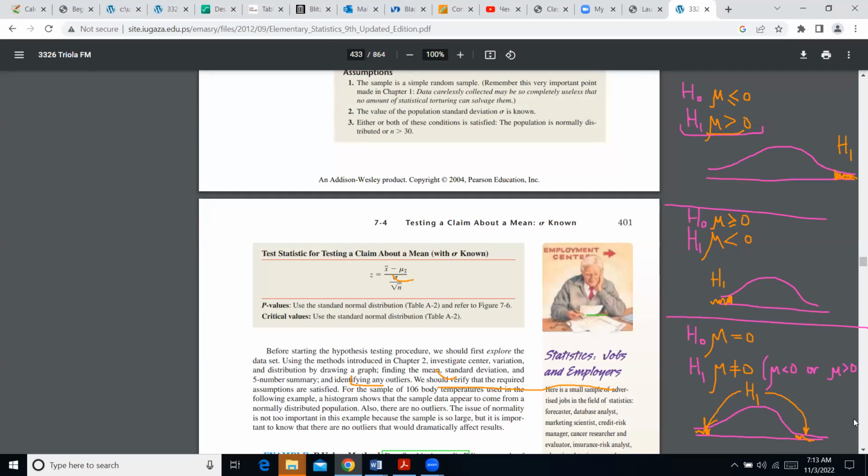And in section 7.4, I guess we all see this old favorite formula for the z-score that we used in chapter 4. So we'll be utilizing this formula again. This is x minus mean divided by standard deviation over square root of n.